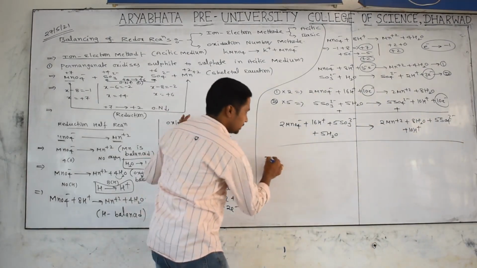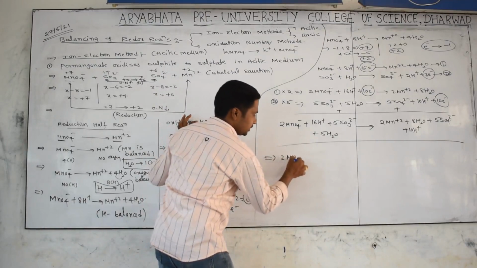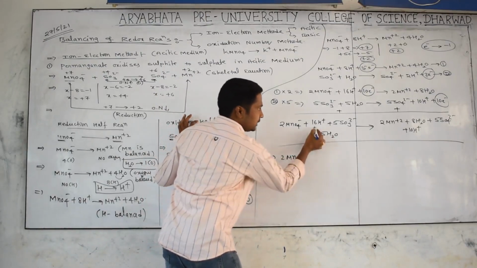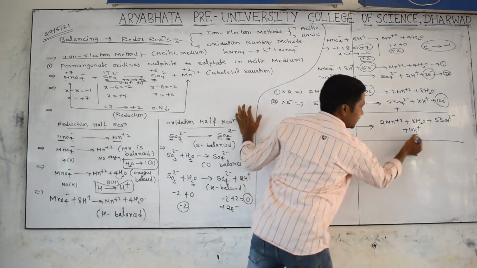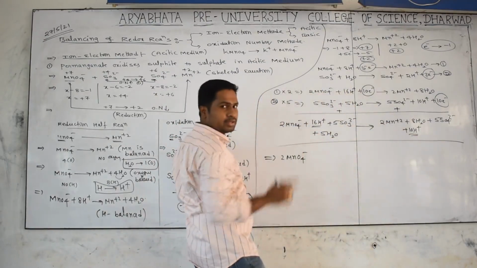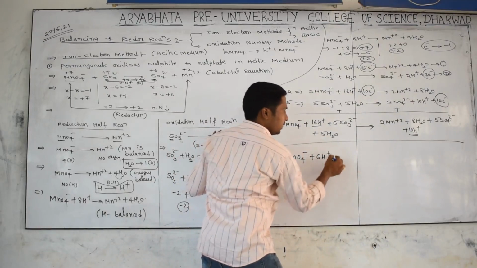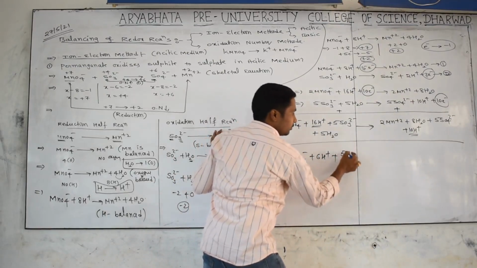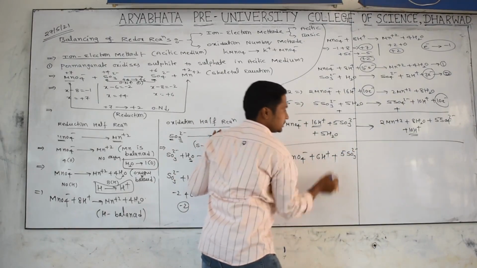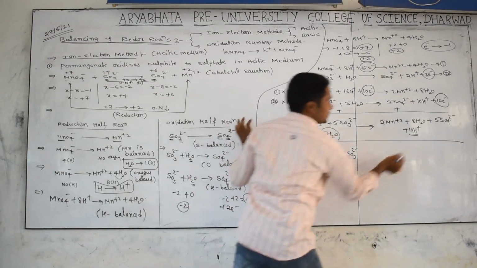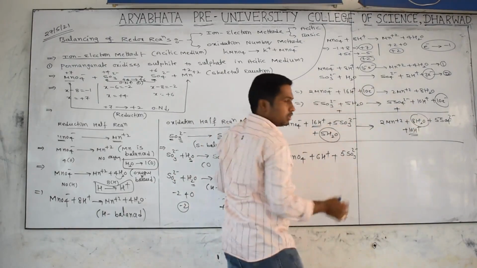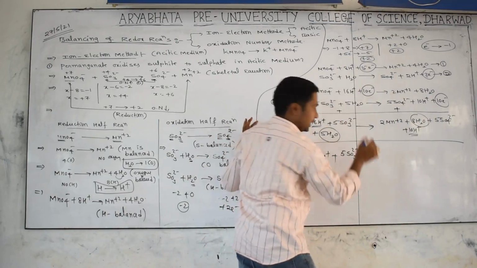Write down the final equation: 2MnO4 minus, here 16H plus and here 10H plus, better bring it to the left: 16 minus 10, 6H plus. Plus 5SO3 2 minus. Here 5 water molecules on the left side and 8 on the right side, better send it to the right side.